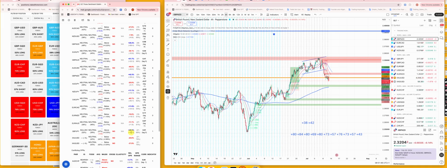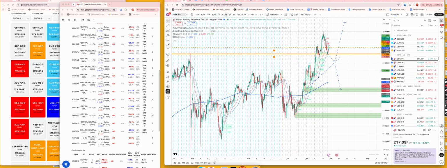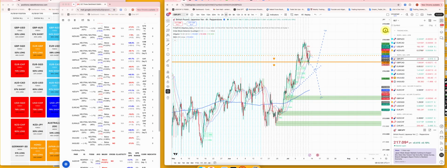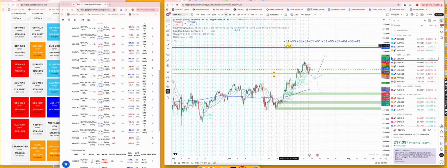We've got 28%. That's gone down a little bit. Oh, what am I talking about? Sorry, I'm on the wrong chart, aren't I? So we've got 28% on this chart. Was 24 last night.